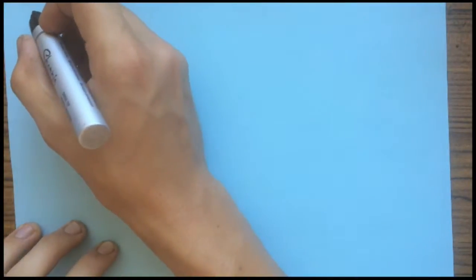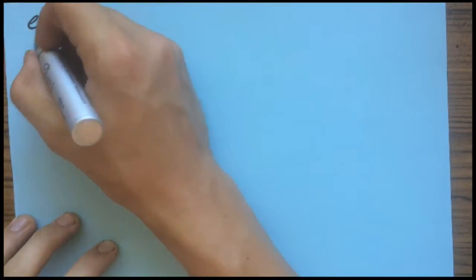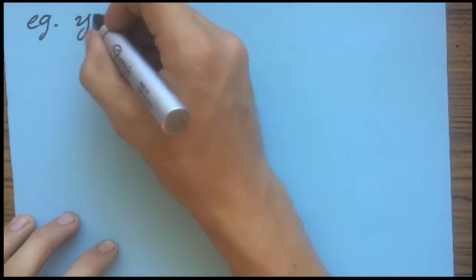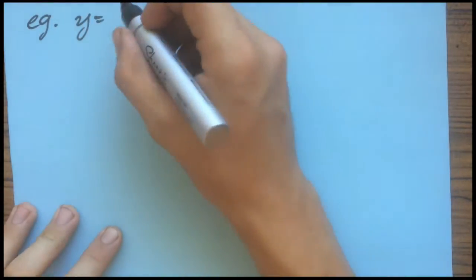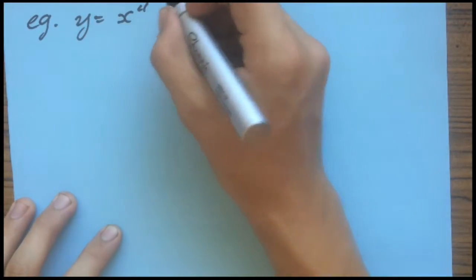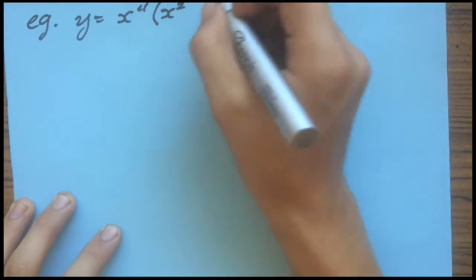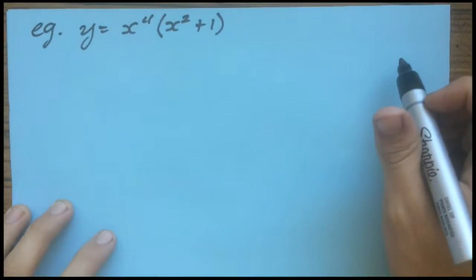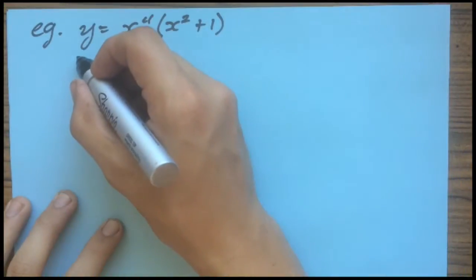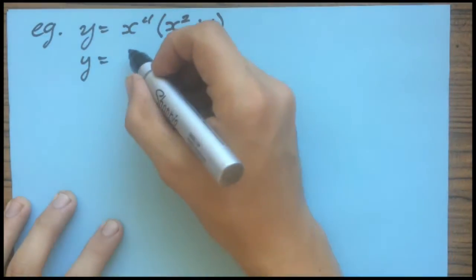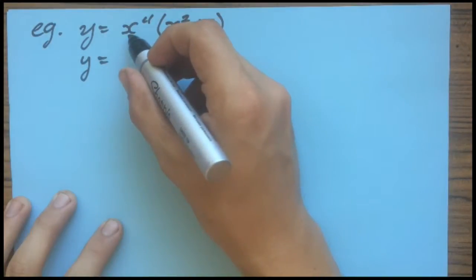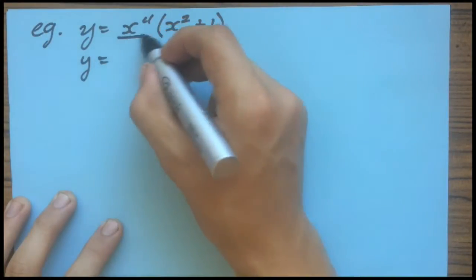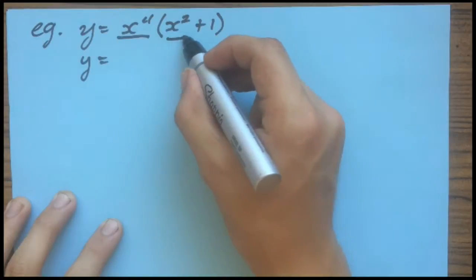So, I'll give you an example. Let's say y equals x to the power of 4 multiplied by x squared plus 1. That's a function here times another function, which is this in the brackets.